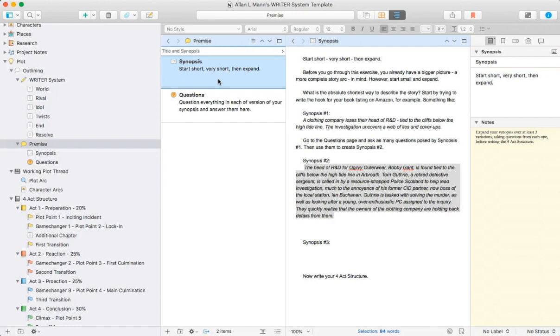Okay, so what's that? 2 sentences. So the shortest synopsis possible for actually my Tom Guthrie trilogy book 1 story. So a clothing company loses their head of R&D, tied to cliffs below the high tide line. The investigation uncovers a web of lies and cover-ups.